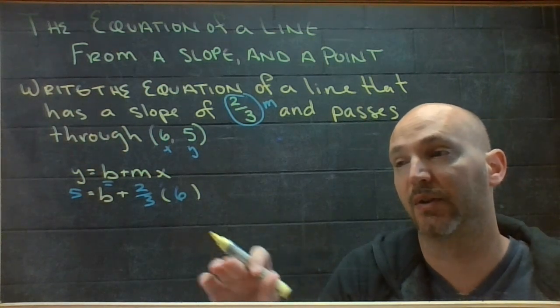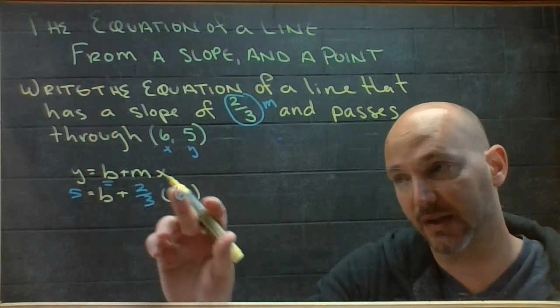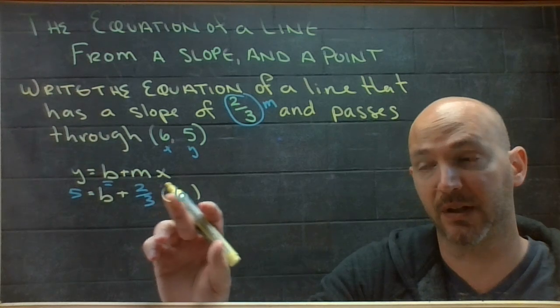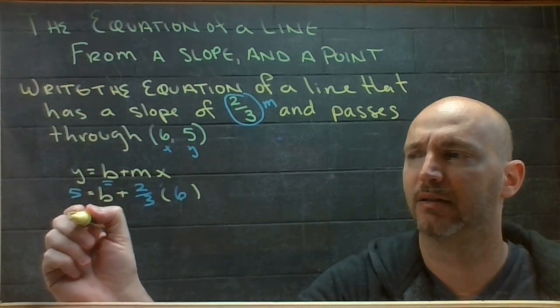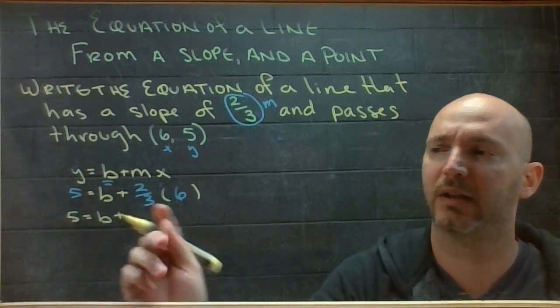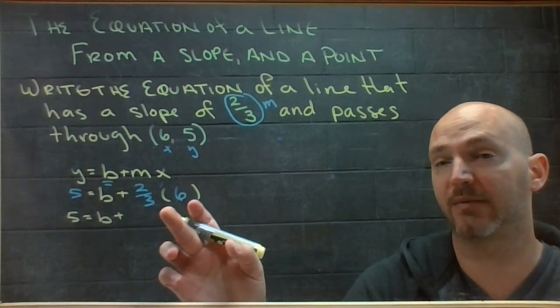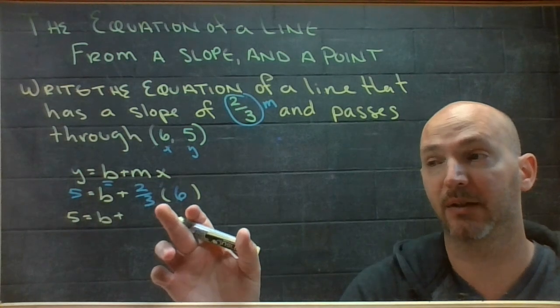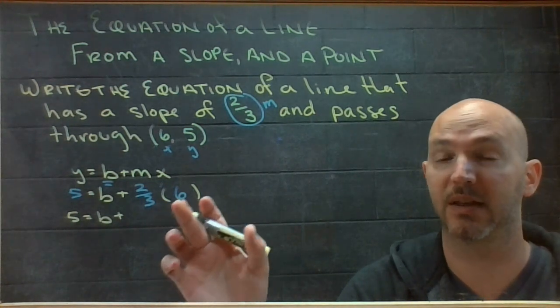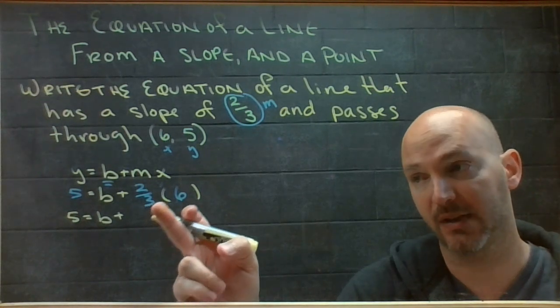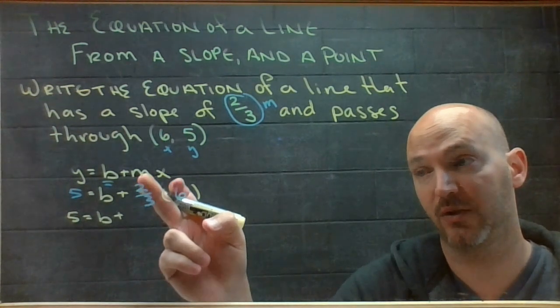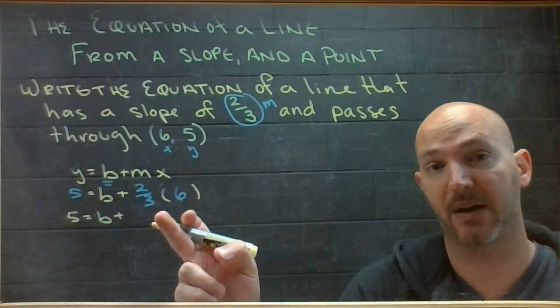So first things first, I see 2/3 of 6. There's no letters involved here, so I'm going to do that so that it's a little cleaner than this. Now, fractions have never actually really been a thing. They're just multiplications and divisions that weren't convenient to do because they didn't go cleanly. So this thing here says 2 times 6 divided by 3.